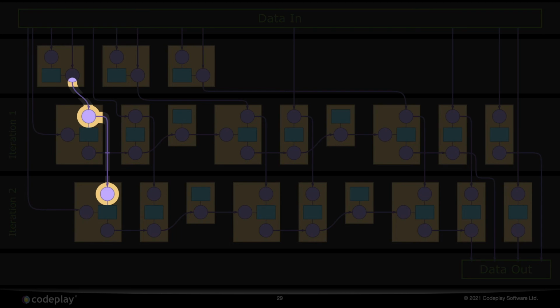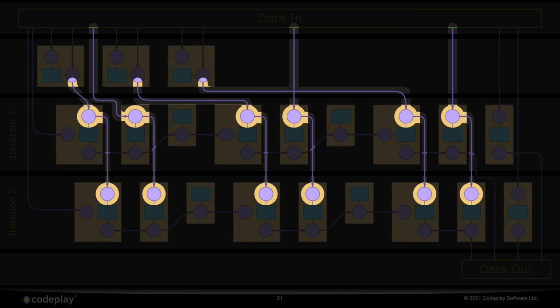We also see a few other patterns. Here, for example, there's a data buffer that's used in the first iteration and then in the second. And actually this happens also here and in a few other places. What's noteworthy about this is that because this particular software stack doesn't make it clear whether a data buffer is being written to or read from or both, it's not clear if these buffers are being modified by these kernels.